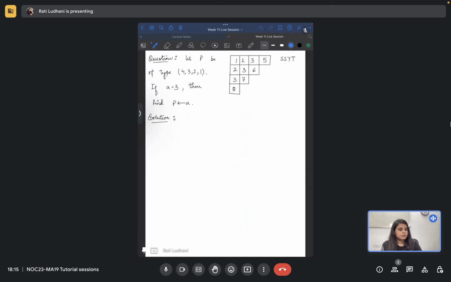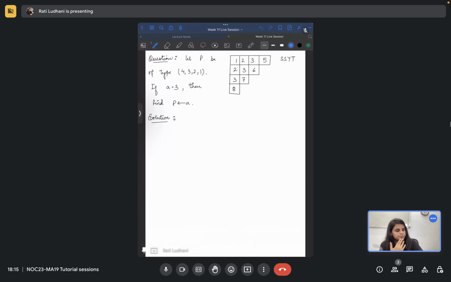Okay, so this is related to how, if we insert any number, let's say a, into P, how it will behave and how the type will change. So this is mainly related to how RSK works. Let's begin. Let P be the tableau of type 4321.